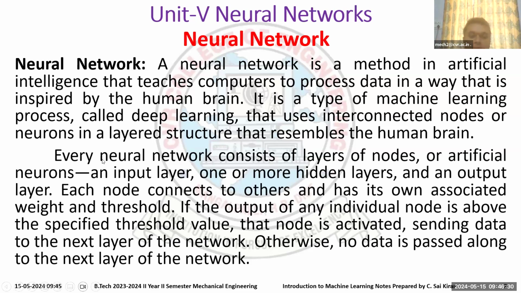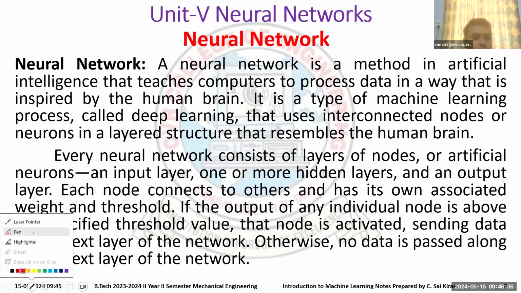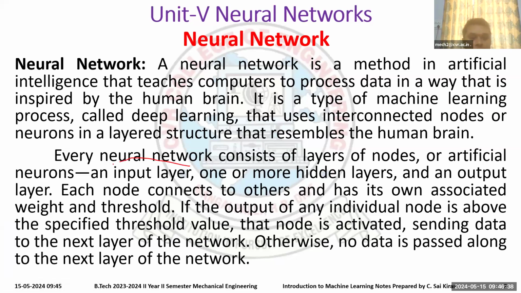How the human brain works, we have done the same thing for this neural network. Next, every neural network has one input layer. Then we have hidden layers, which can be one or more. And you have an output layer. In the input layer, we are giving all the inputs.